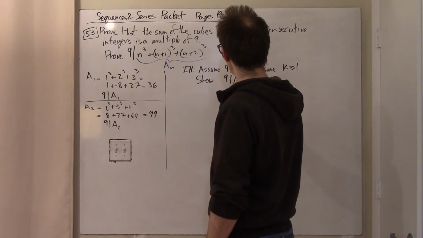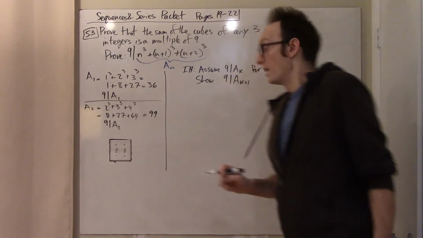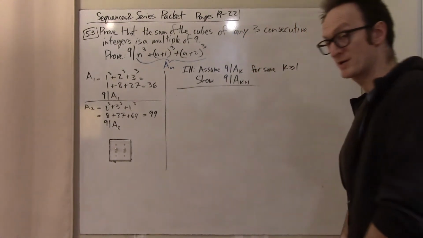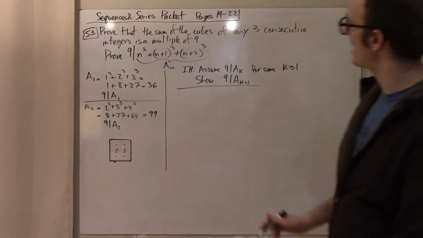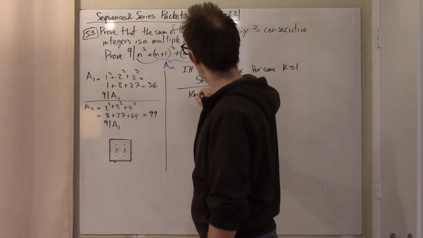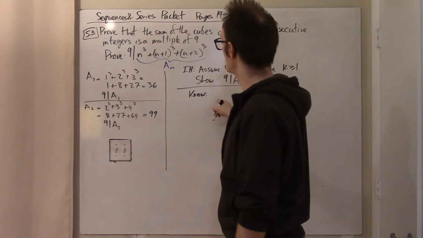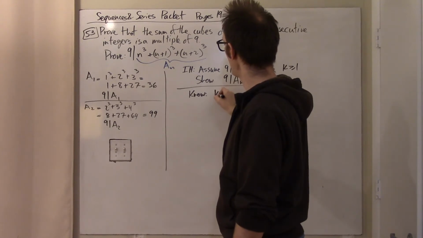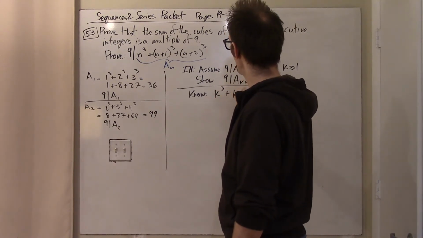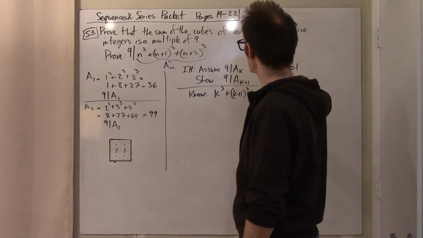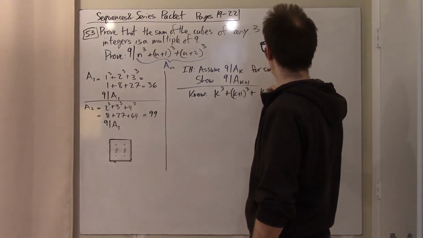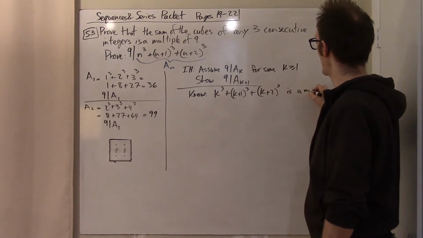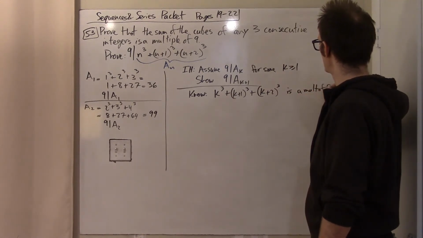Okay, so I'm not sure how much this abbreviation is really helping me, because I'm now just going to turn around and write it out long style. What do I know? What I know is that when I take k cubed plus k plus 1 cubed plus k plus 2 cubed, it's a multiple of 9.